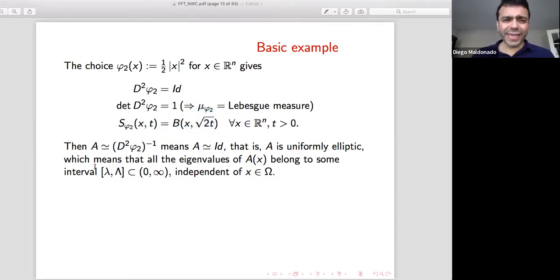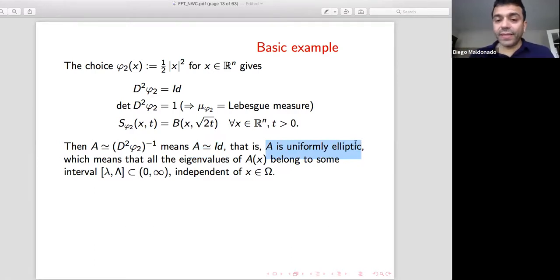All right. And then what does it mean that A is comparable to the Hessian inverse of this phi? Well, since the Hessian inverse of phi is just the identity, it means that A is comparable to the identity matrix. What does that mean? We call that A uniformly elliptic, right?